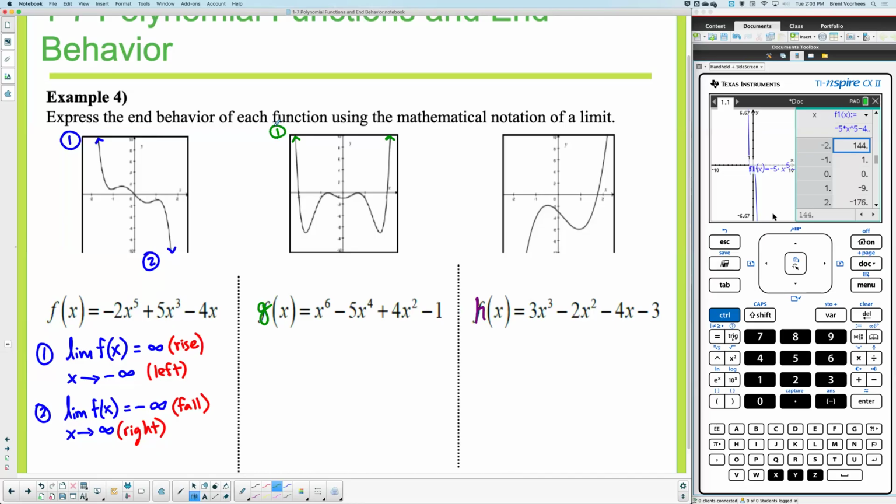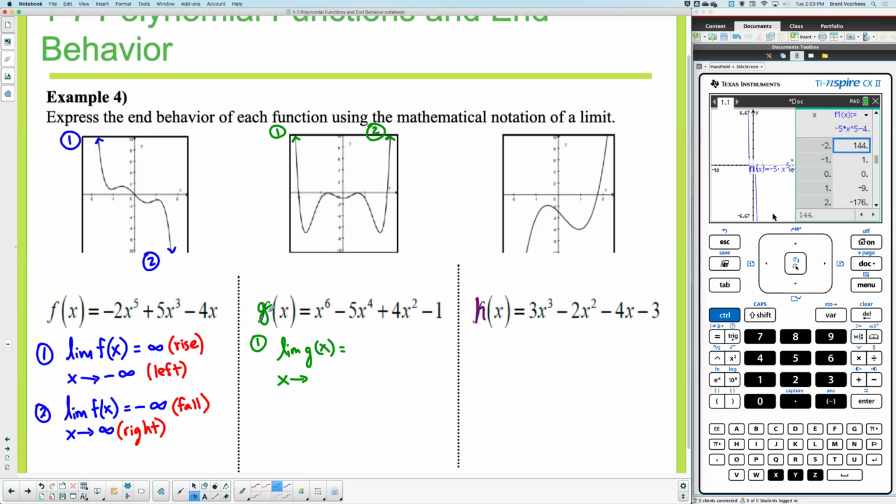So again, I'm going to circle a 1 and a 2 just so you can see what each limit represents. All right, limit 1. So right, LIM. This time I renamed it g of x. I did that just so you can see that the second part is telling you which function to look at.